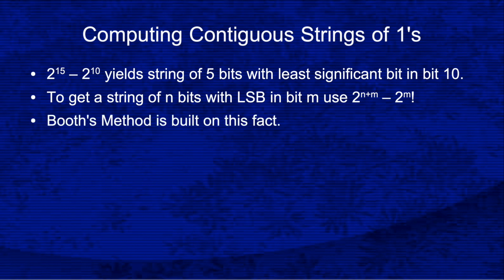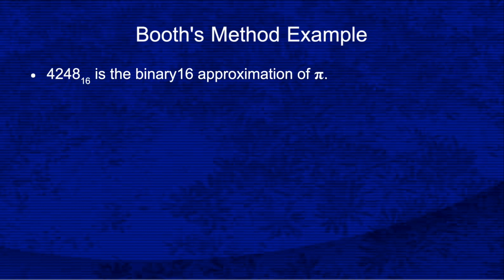Booth's method for multiplication is built on the idea that we can collapse strings of consecutive 1 bits into the difference of 2 powers of 2. In previous videos, I used the hexadecimal value 4248 as the binary 16 value which approximates pi.